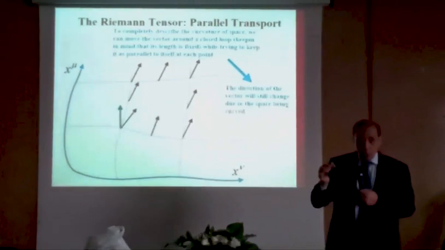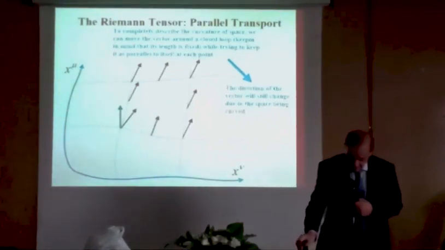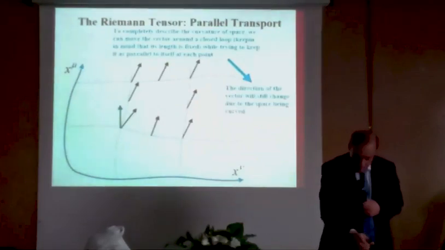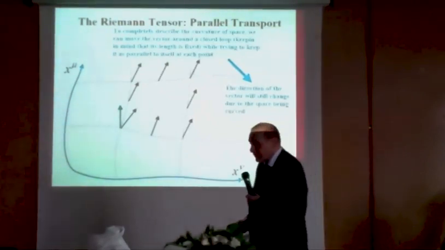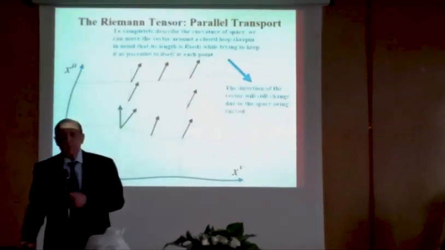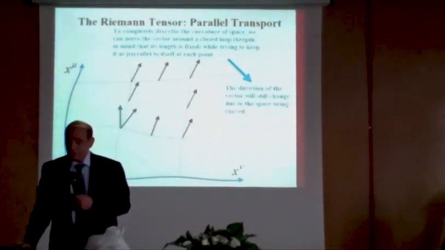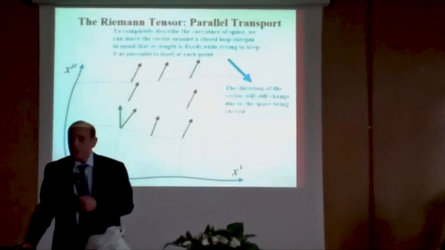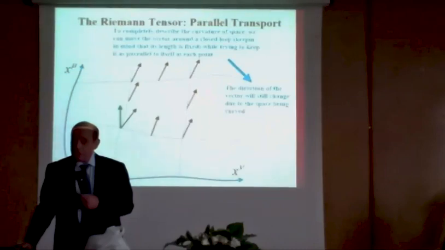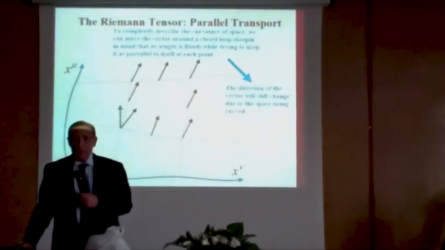If I have a vector moving in a flat space-time, like on a flat table, and I take it from one point and go back to the same point, it will keep the same direction. It will not change. This is not true for curved space-time. For curved space-time, if I make parallel transportation of a vector, it will not exhibit the same direction as its original direction.